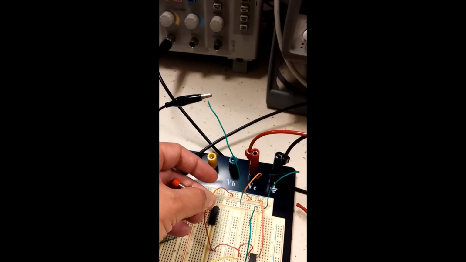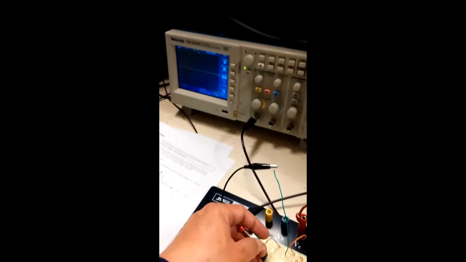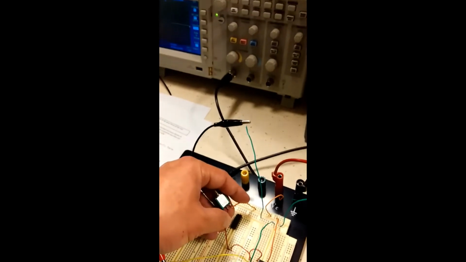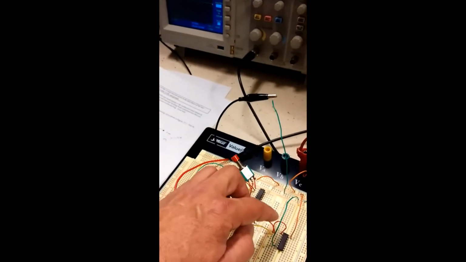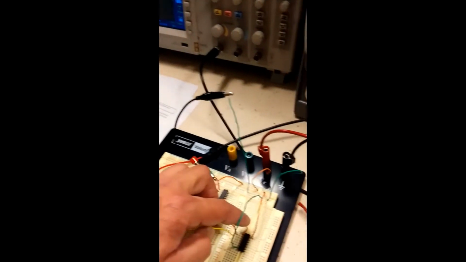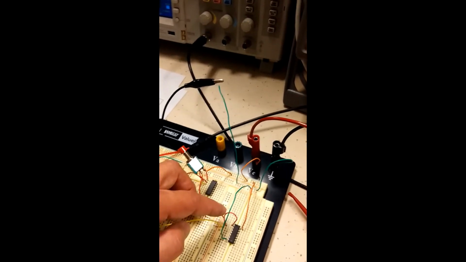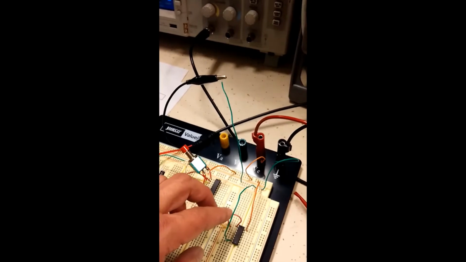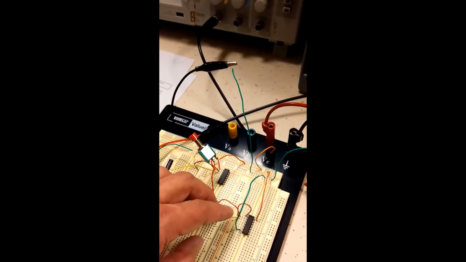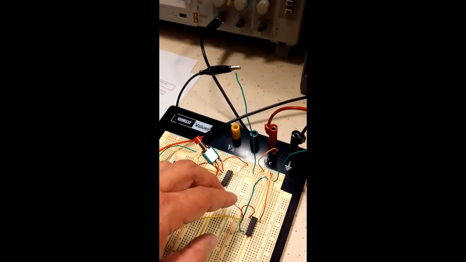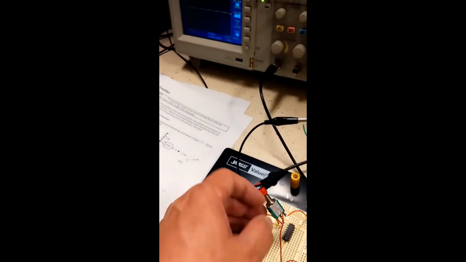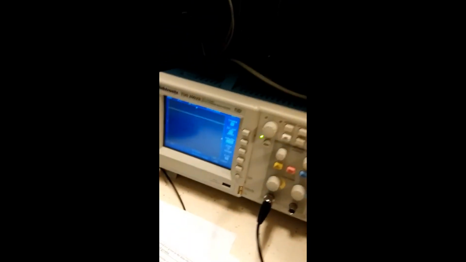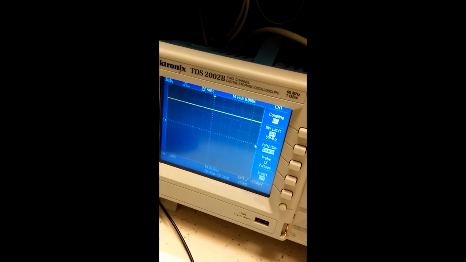Now the input, as you see, should be 0. So 0 to input A, and 0, or low level, low voltage, 0 voltage to input B. So you see the output is exactly 5 volts.